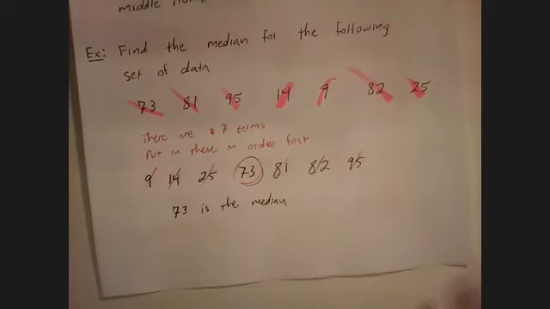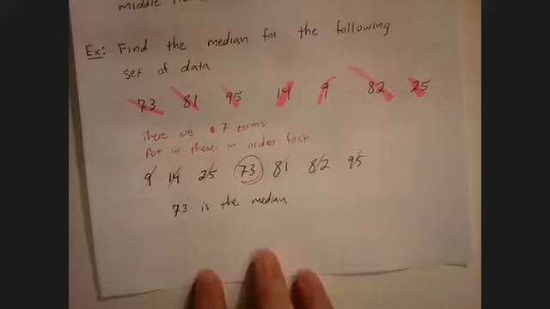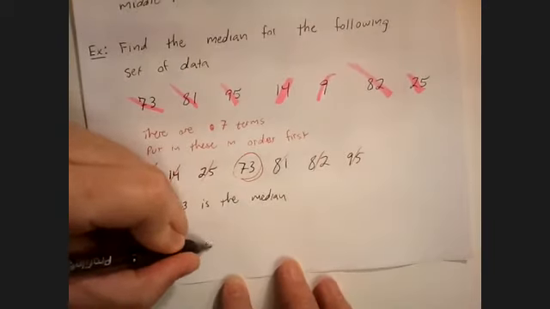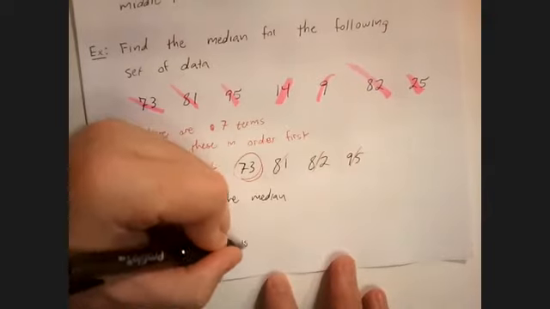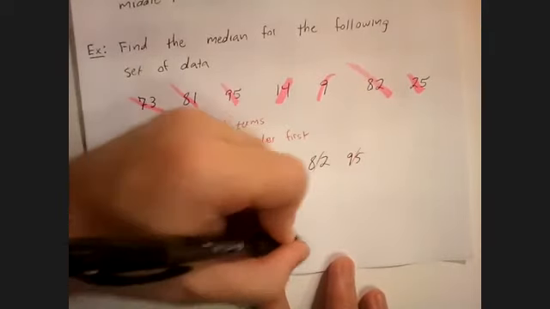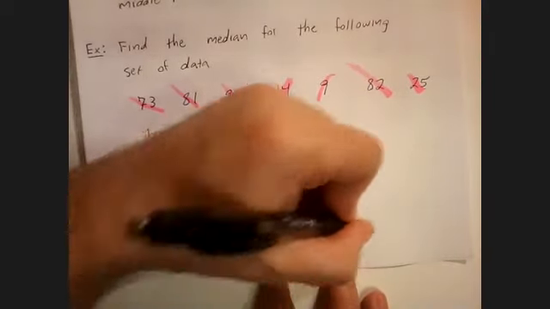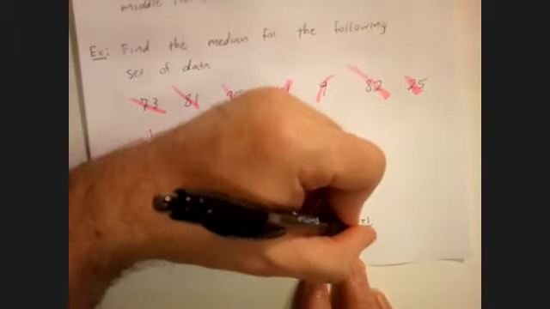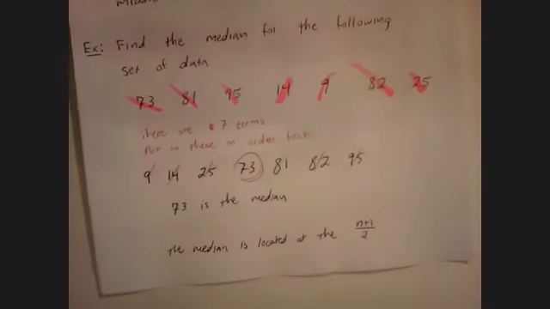There is a formula to find the location of the term. That is, the median is located at the n plus 1 over 2. I believe that's what it was.